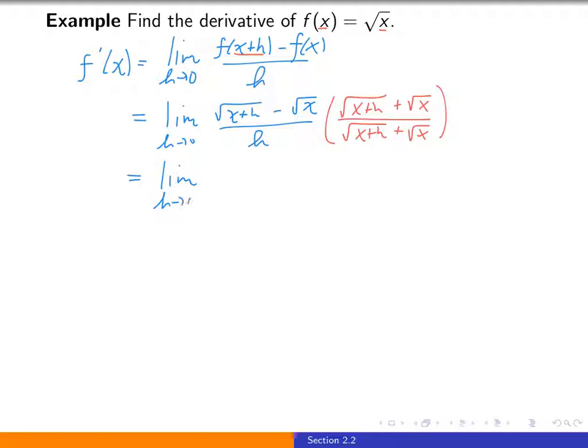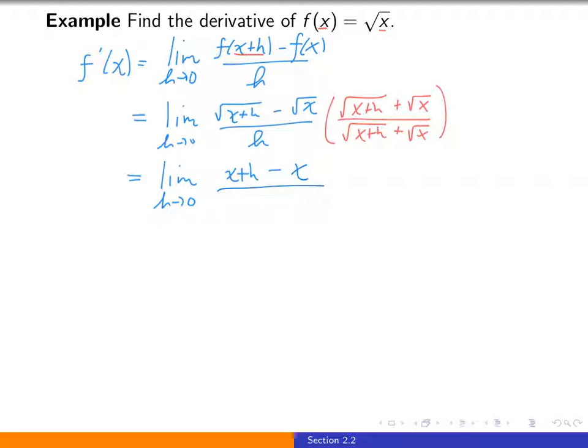So because it's the conjugate over the conjugate, we have this difference of squares formula. In the top, we end up with the first term squared, so that would be x plus h, minus the second term squared, which is just an x.